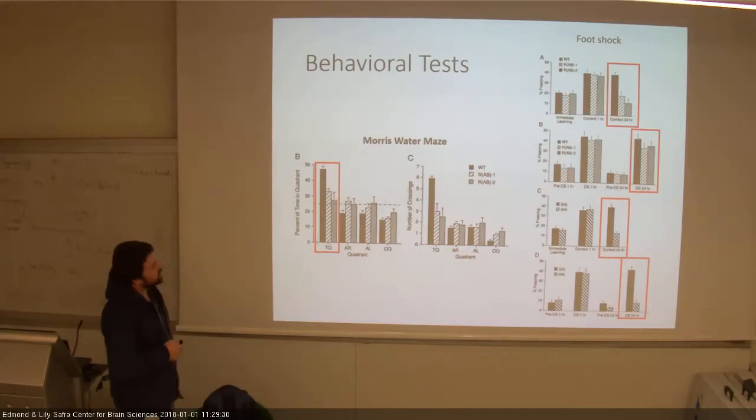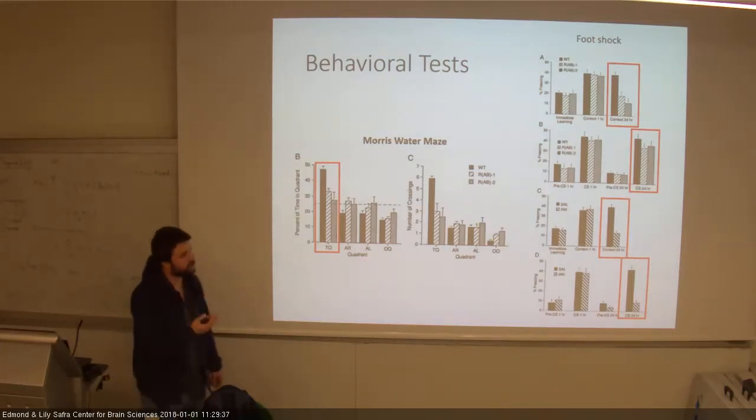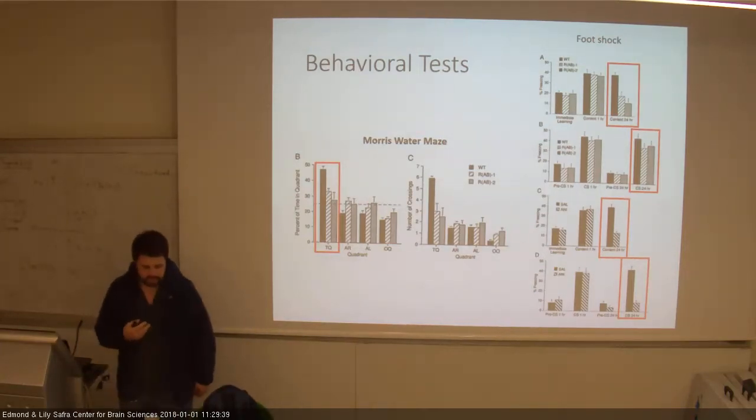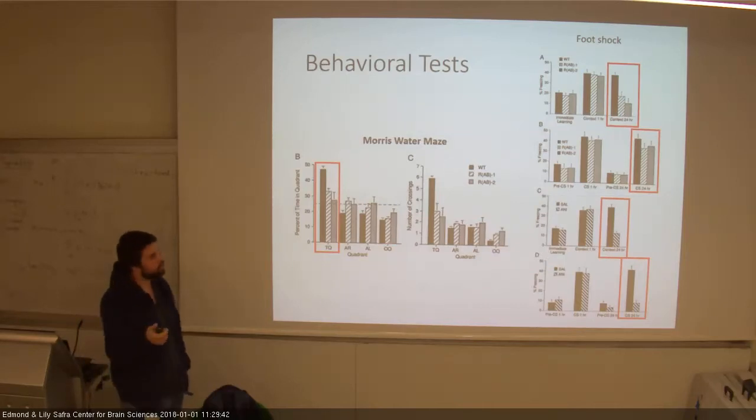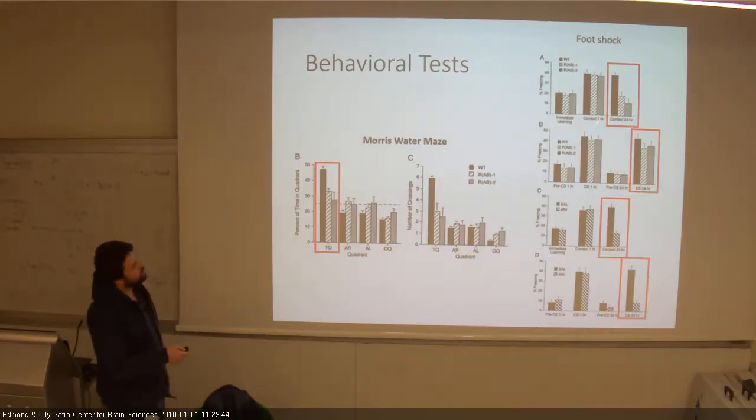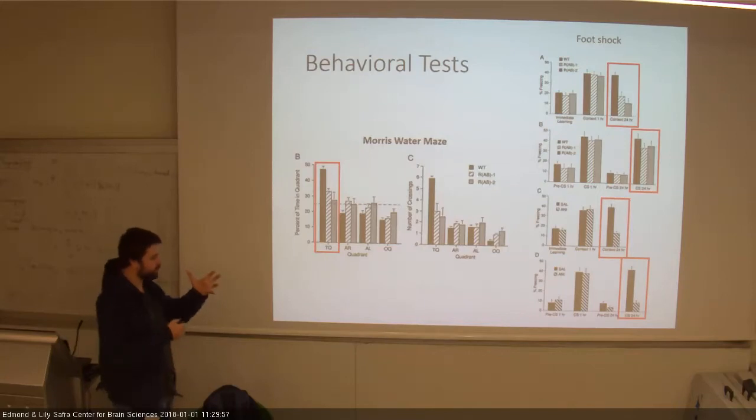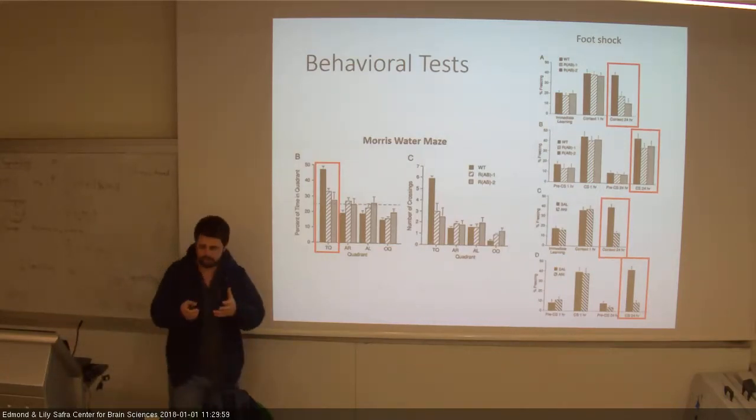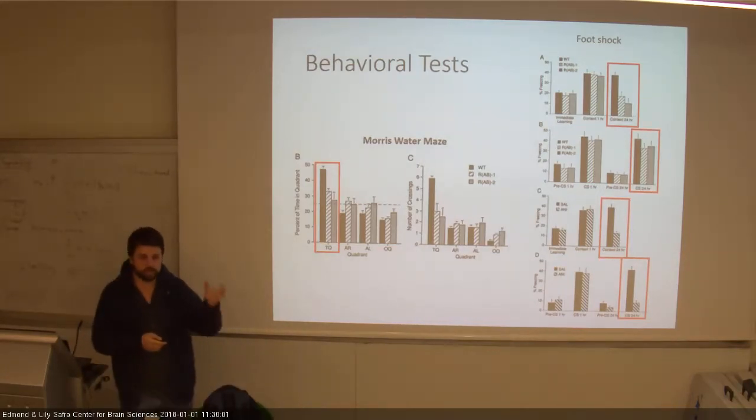transgenic animals. And they also did another experiment, which is contextual memory, which they again claim is a task that you need your hippocampus for. In this case, they gave the animals a foot shock in one context, a specific room or specific cage, and then 24 hours later they put the mice there.